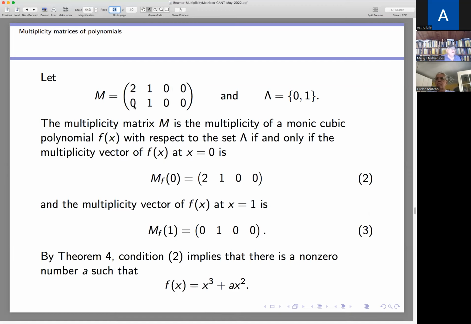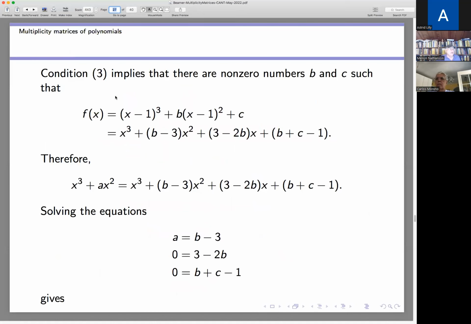And the only cubic polynomial that has this as its multiplicity vector must be of the form, so the Taylor series has to look like (x minus 1) cubed plus b times (x minus 1) squared plus c for some b and c.